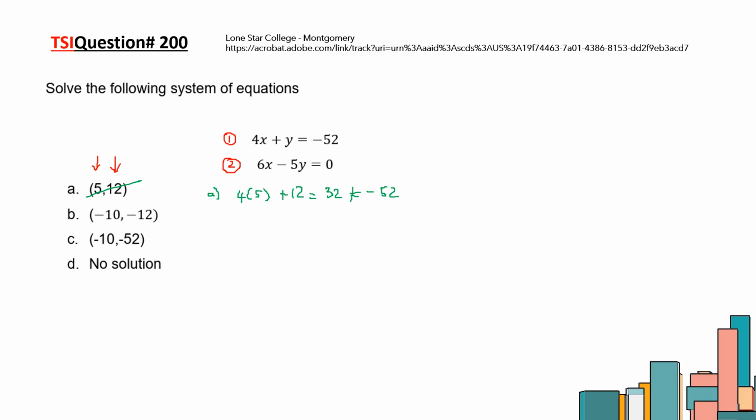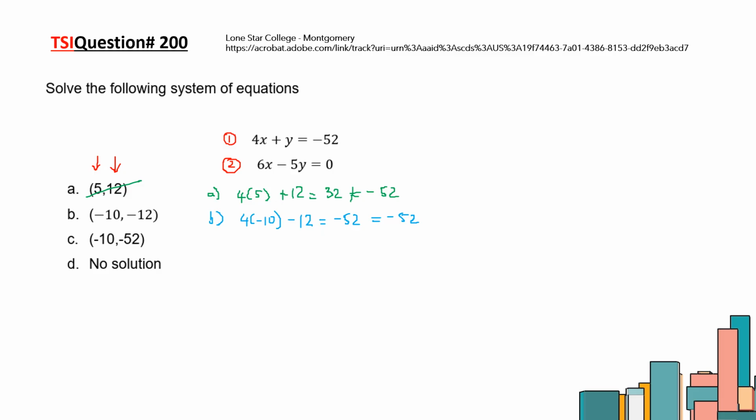Okay, so for B, negative 10. So 4 times negative 10, that's negative 40, minus 12 equals negative 52. Yes, this equals negative 52, so that is a good sign.